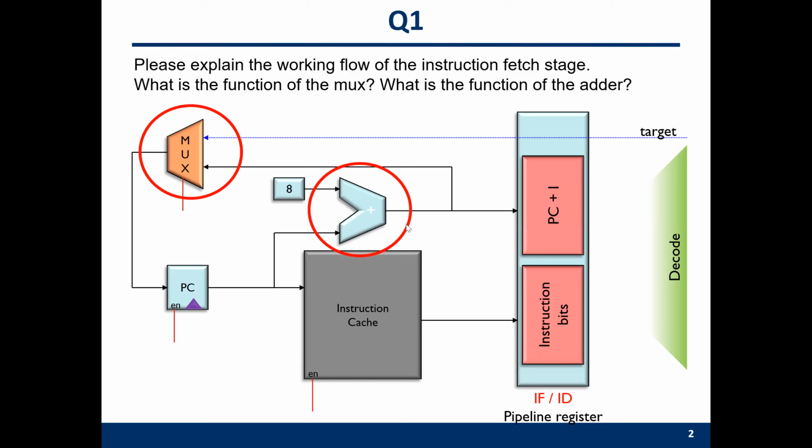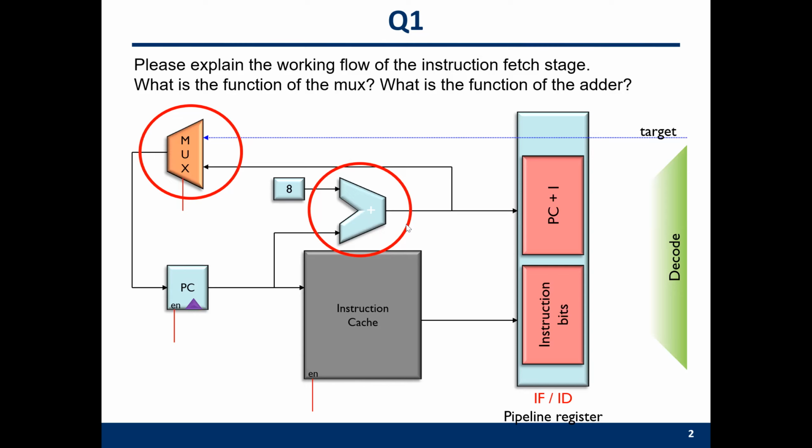This mask is used to select the branch, and I use this 8 here. On a 64-bit machine, this is 8, because 2 to the 3 is 8 bytes, or 64 bits. If you have a 32-bit machine, then it's a 4.